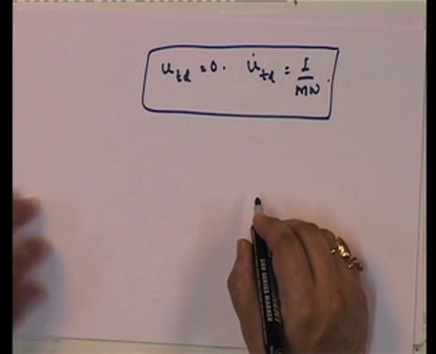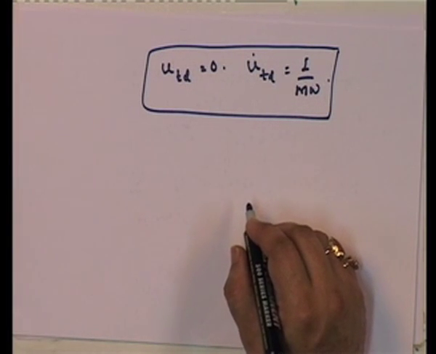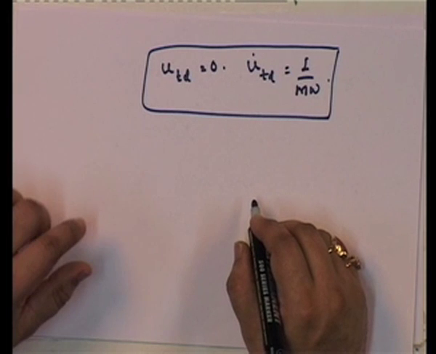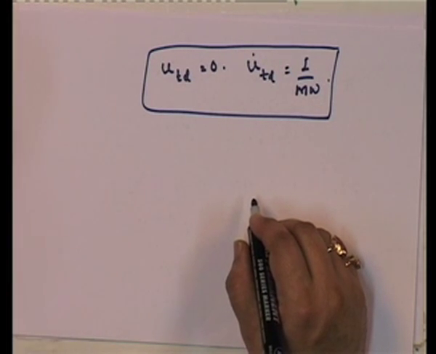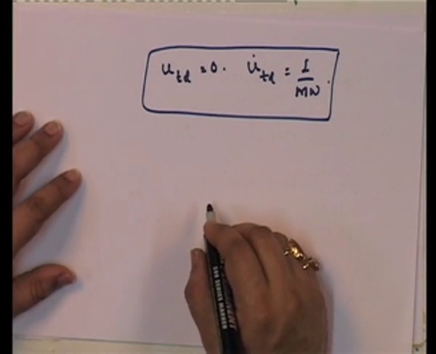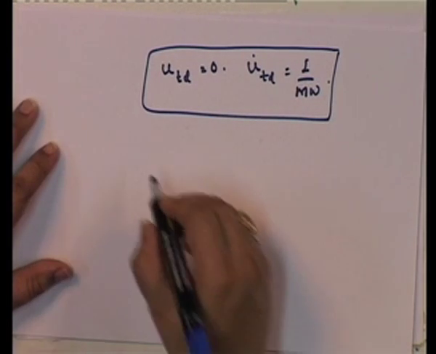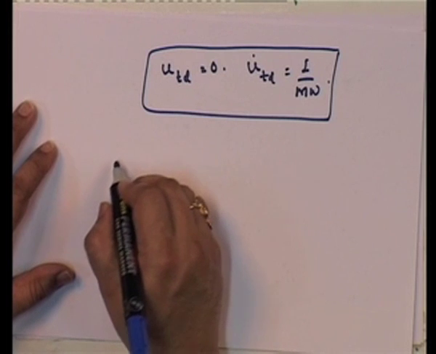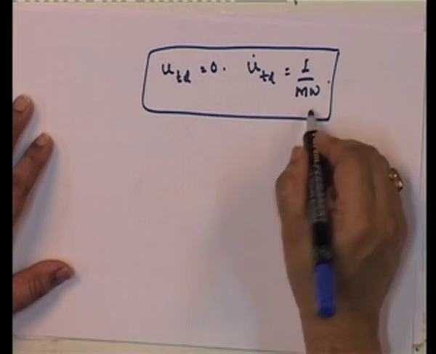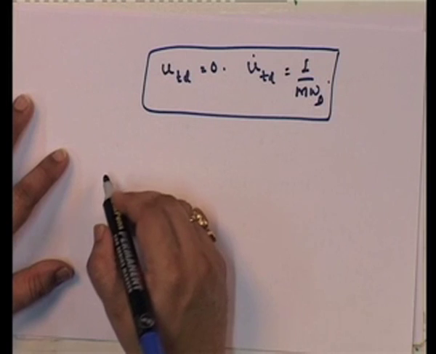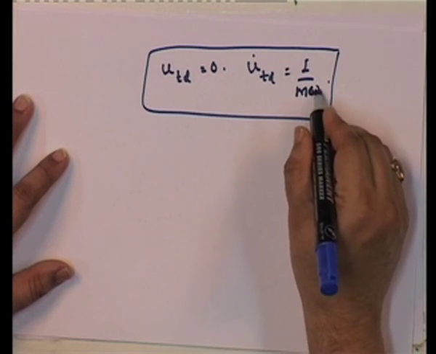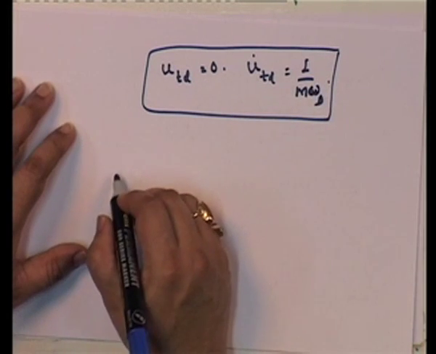So, for a damped system, what does it end up becoming? Okay. How do I get this? I get the response to be the following. This is m omega d, because omega d is what you get.